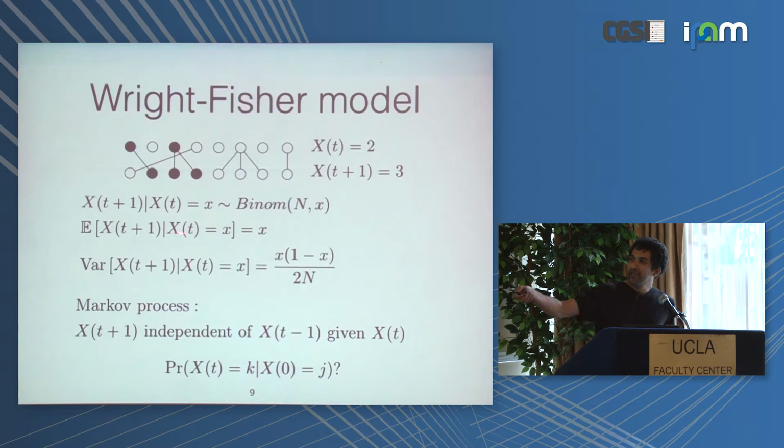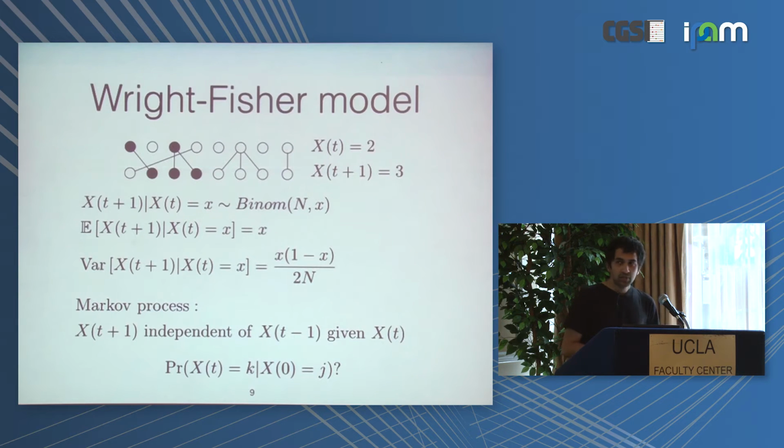And because it's binomial, the number of copies of this allele in expectation doesn't change over time, so it stays constant. And the variance of the number of copies of this allele depends on the allele frequency, but it also depends on the population size. So the smaller the population size, the larger the variance.